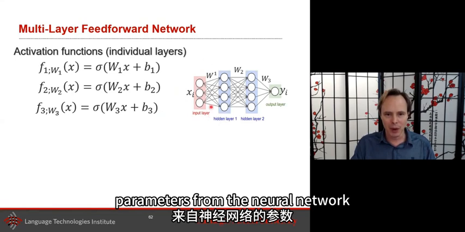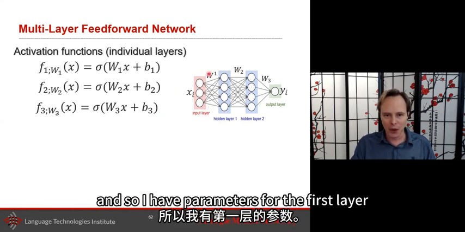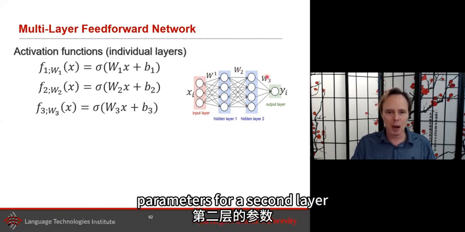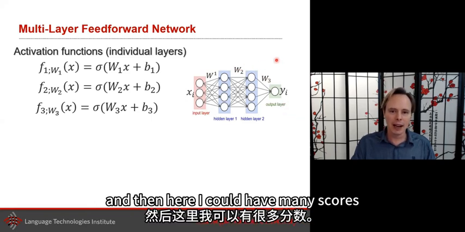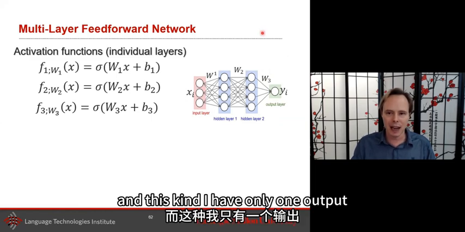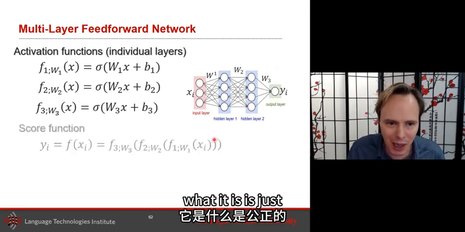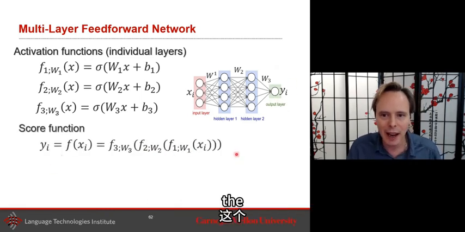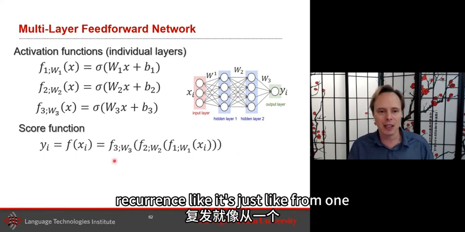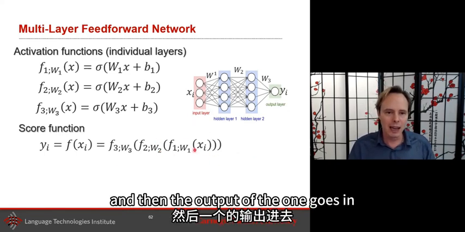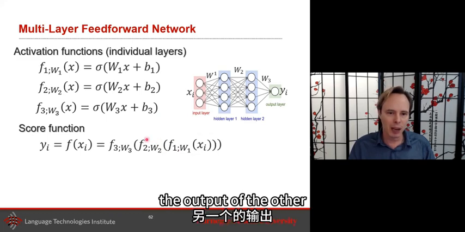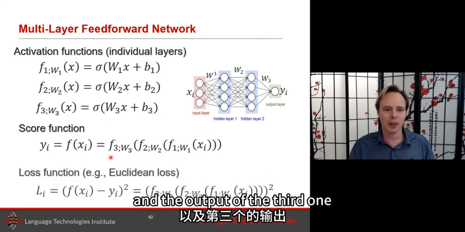So when I say W here, I mean all these parameters from the neural network. I have parameters for the first layer, parameters for the second layer, parameters for the third layer. Then here I could have many scores. In this case, I have only one output. So the score function here, the output, is just recurrence: the output of the first goes into the second, and the output of the second goes into the third.